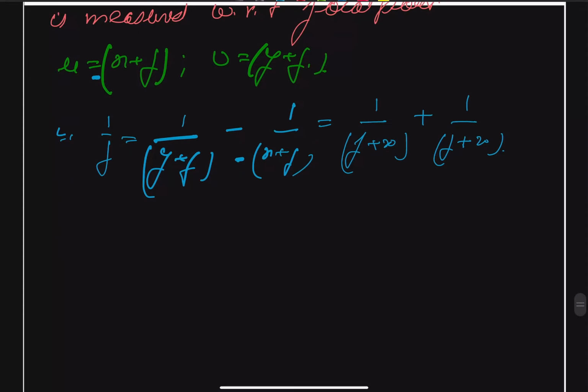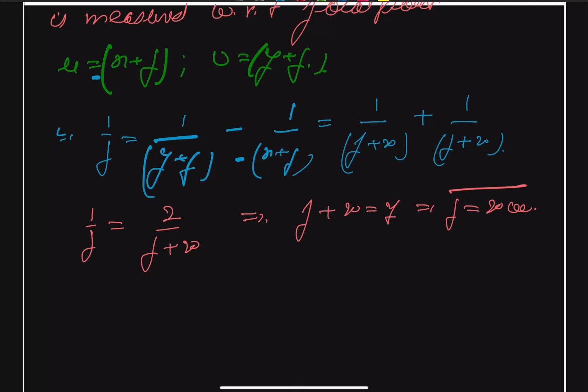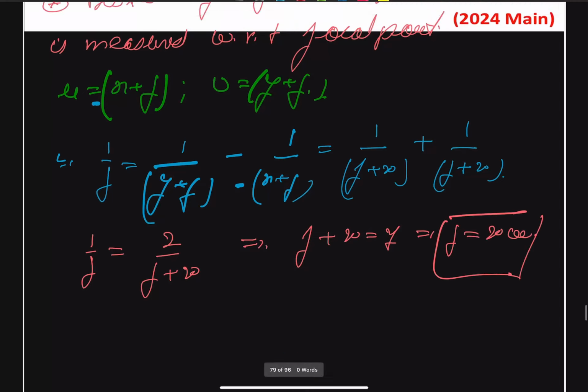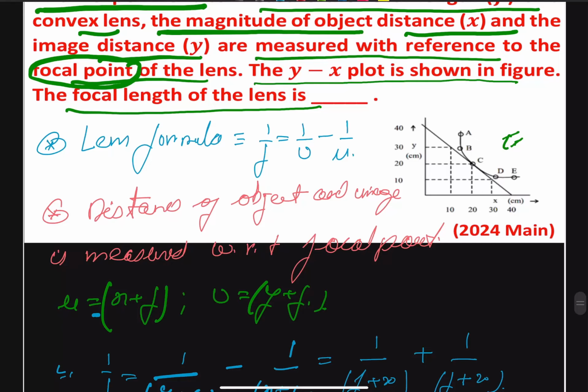So we get 1 upon f is equal to 2 upon f plus 20. This gives us that f plus 20 is equal to 2f, or we can say f is equal to 20 centimeters. Next question.